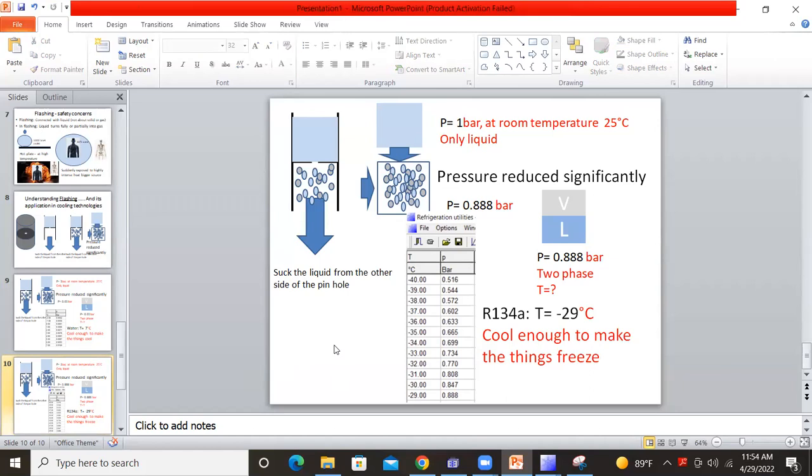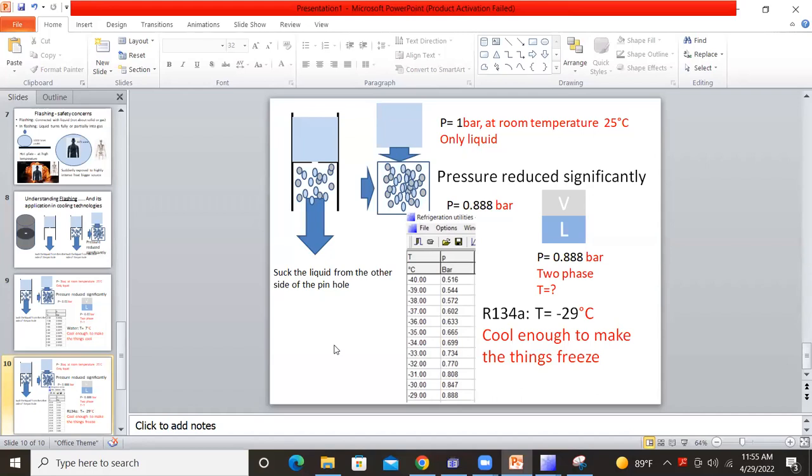See, when you flash different types of liquids under different pressures, when you flash down to certain different pressures, you can see vapor and liquid, a two-phase substance of the same originally liquid, but now vapor and liquid together, at different temperatures and quite low temperatures.